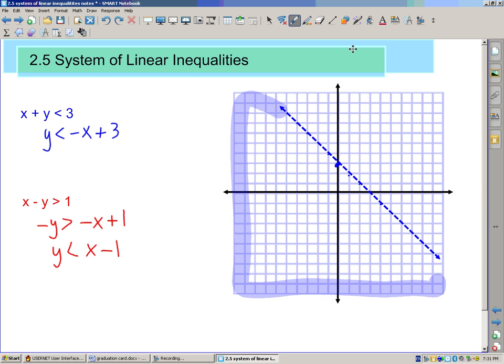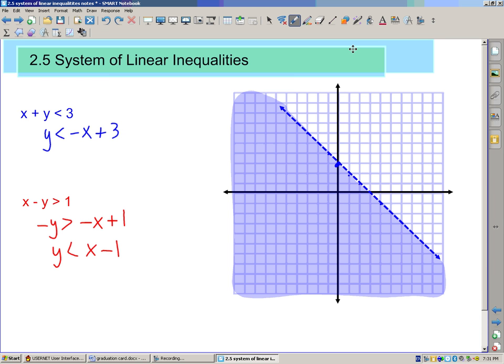Sorry, I mean shade below the line. Be careful here, just make it perfect for Kit. Learned that on Friday. All right, so there's the blue.